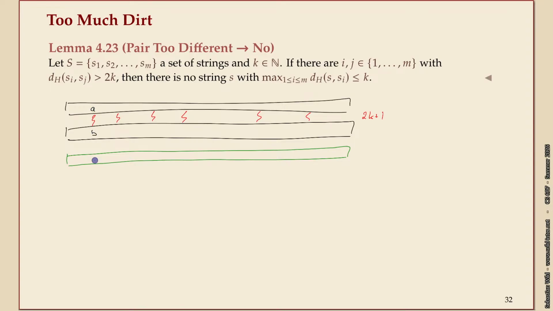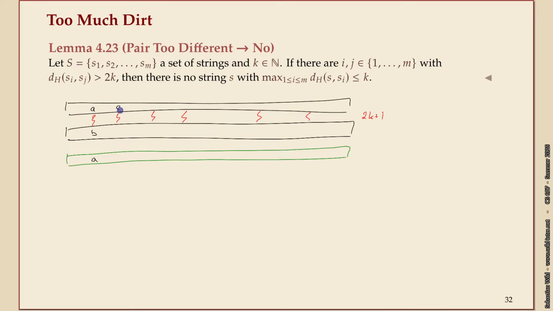So the consensus string can pick one of those two or have a third character, but it cannot be the same for both. So it could decide to copy the first string here, but no matter what you do, if you have 2k plus 1 red positions, you're gonna pick the character from the other string in at least k plus 1 positions for one of the two strings.